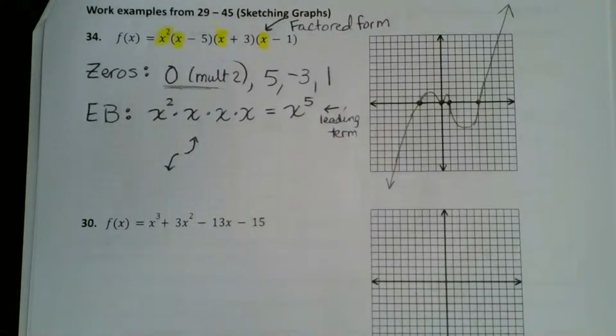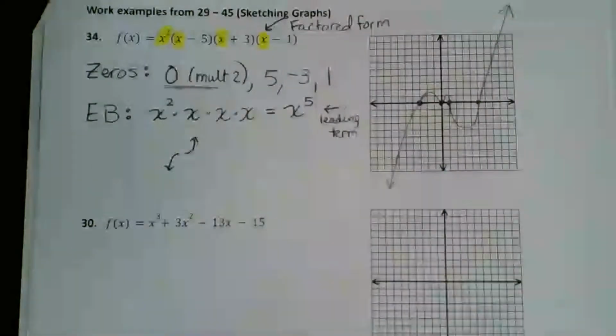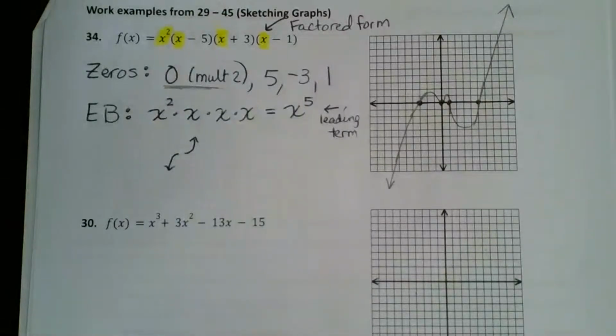If you find a graph that doesn't have the zeros in the right locations, then you go, that can't be it. If you have a graph that goes down, bounced here and crossed there, you go, oh, those aren't the right crossings. So you have enough information to recognize a correct graph just from end behavior, location of the zeros, and the crossings.